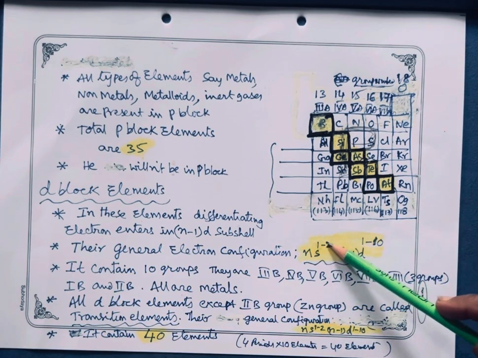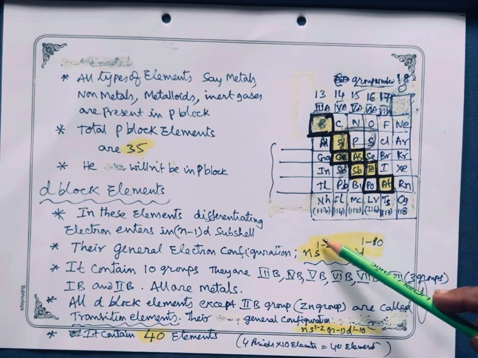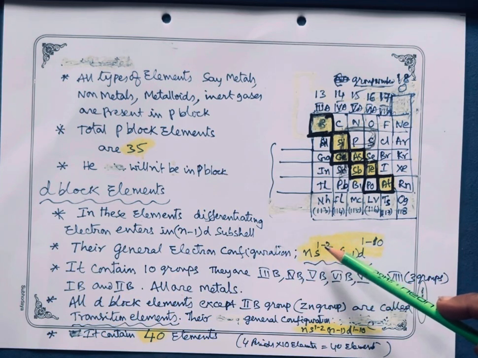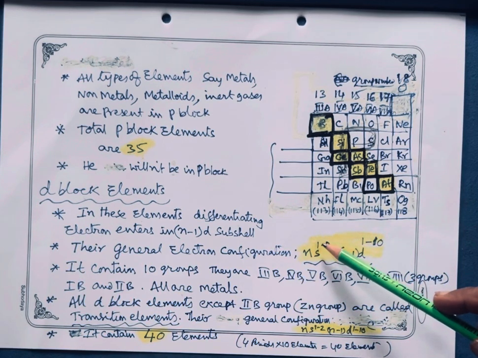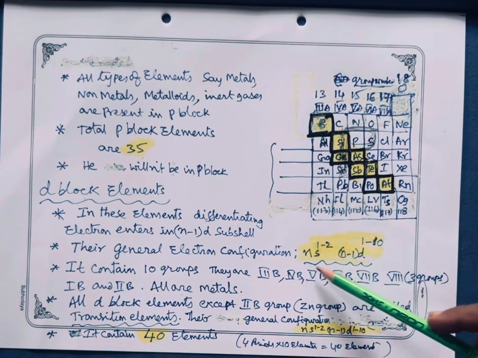Why 1 to 2? Because in some d block elements like copper, silver, gold, instead of ns2, one of the electrons goes into the d subshell, so 1 will appear. That is the reason this configuration can be written like this: ns 1 to 2 n-1 d 1 to 10.